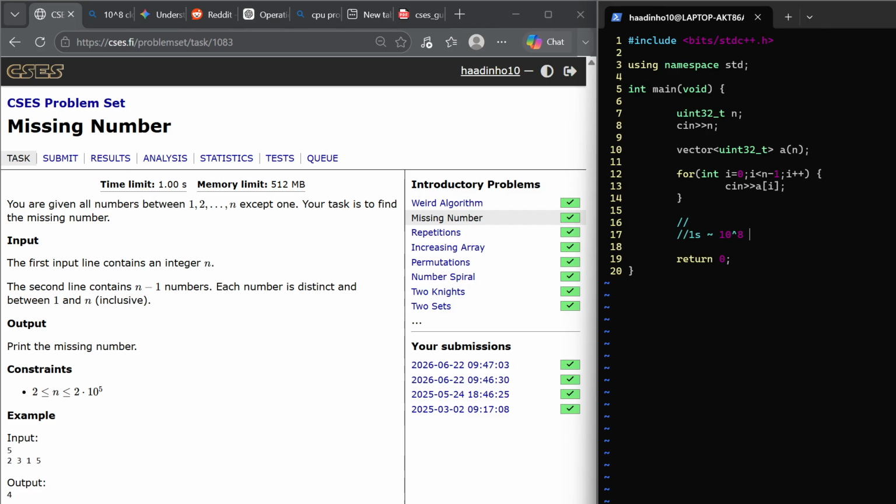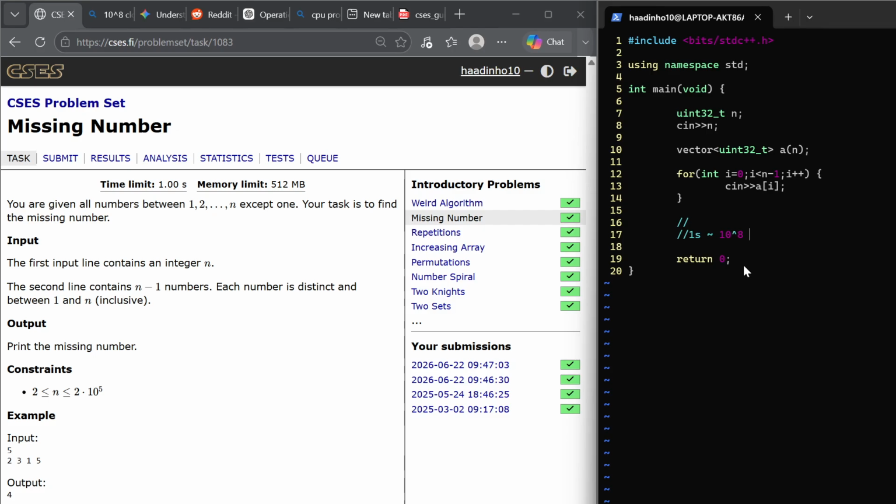Let me make it in a much clearer way. What I'm trying to say is, by this time limit they mean you can perform operations for an input size of maximum 10 power 8.